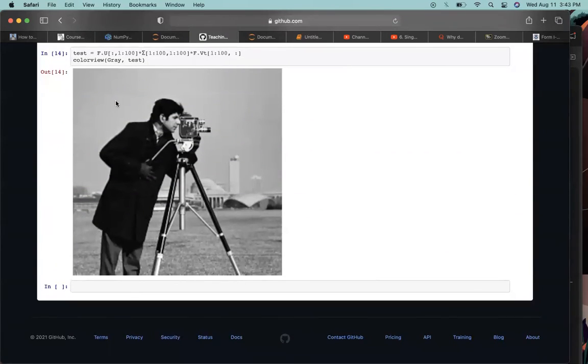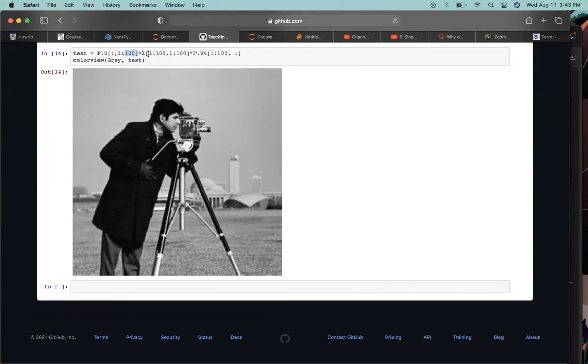So why would this be important? Well, we just compressed that image. That image was 512 by 512, and we're only using 100 row vectors, a square 100 by 100 matrix, and 100 column vectors.